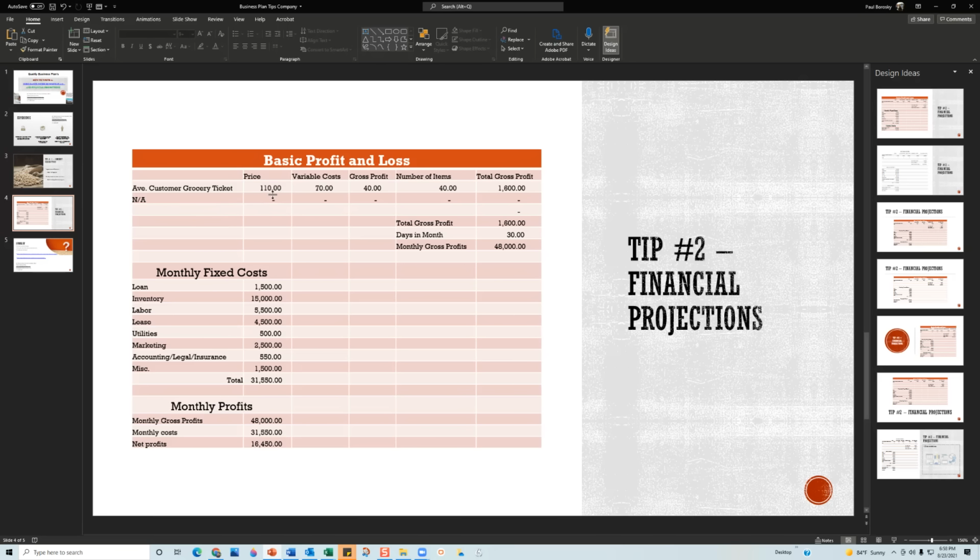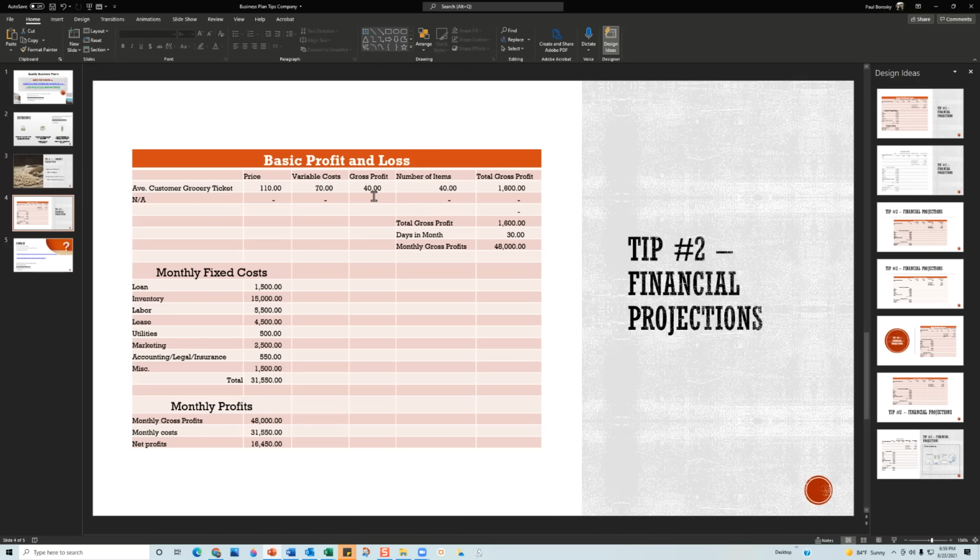Then I'm going to estimate what I think my variable costs are going to be, and in this estimate, I'm saying it's going to be about $70. Based on my research, I'm finding that zero waste stores' variable costs are actually a little bit lower than a traditional grocery store. But anyways, the next step is going to be to subtract the $70 from the $110. That's going to give us a gross profit per customer of $40.